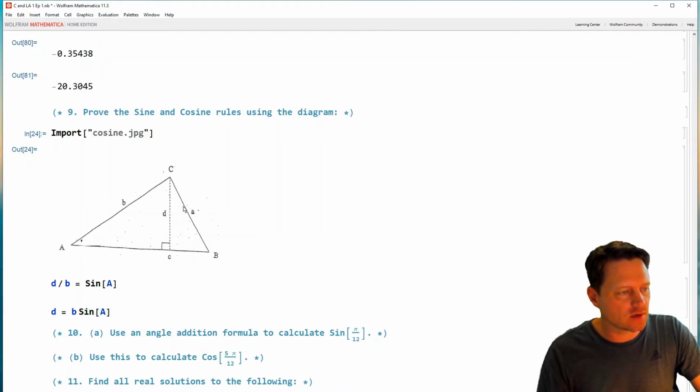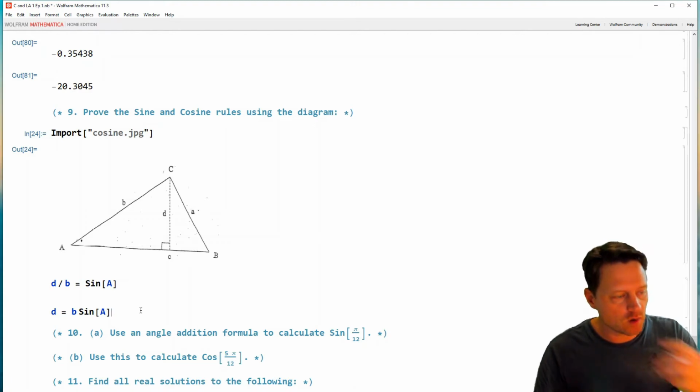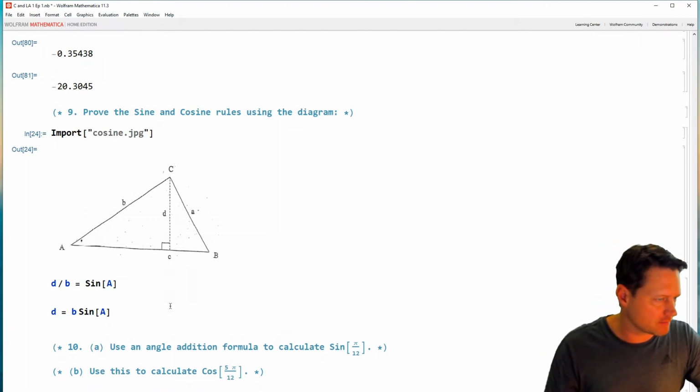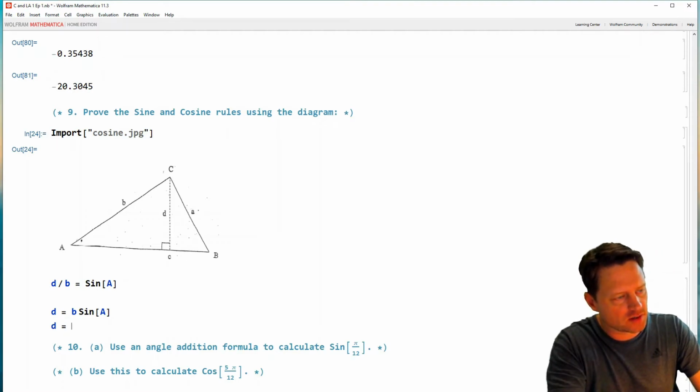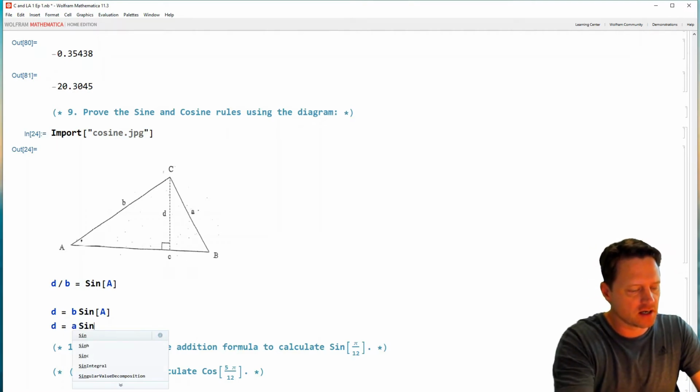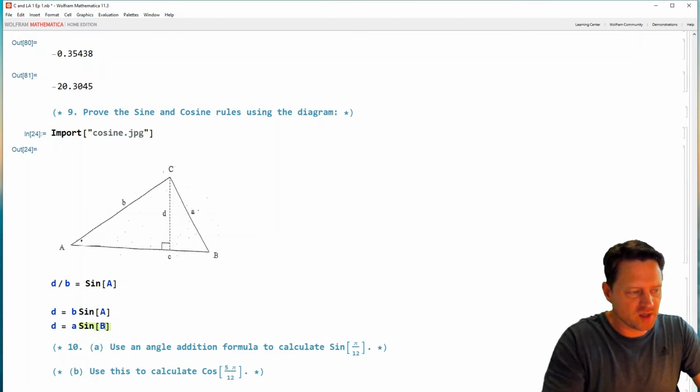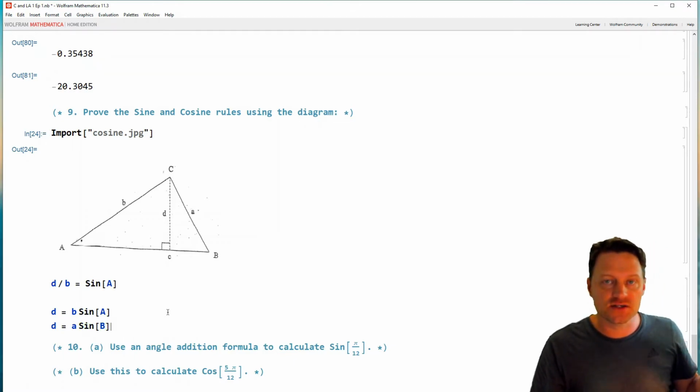Okay, similarly we can do that on the right hand side with the angle B. And what we'll have is that D is equal to the hypotenuse A times the sine of the angle B. Now we can just equate the two D's.